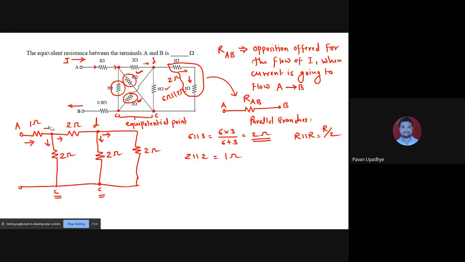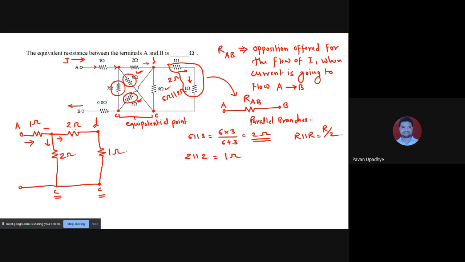So instead of having these two branches now in between D and C, what I can have is, sorry, some lines unnecessarily got cleared off. Now between D and C, as I said, instead of 2 parallel 2, we should write 1 ohm.